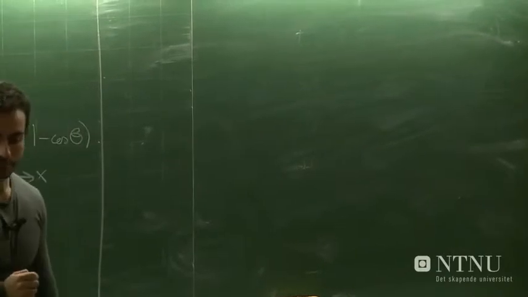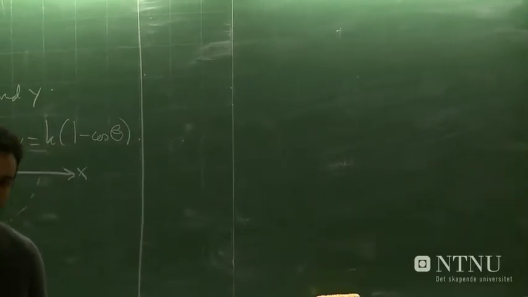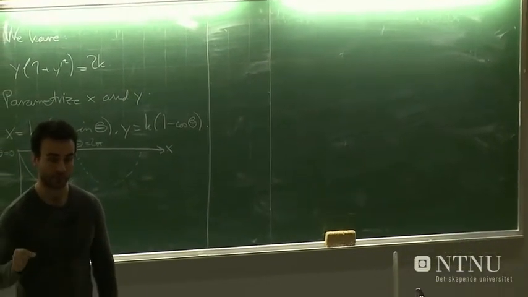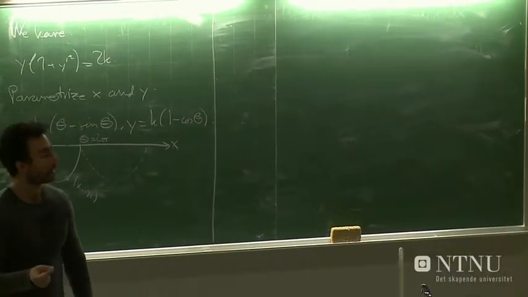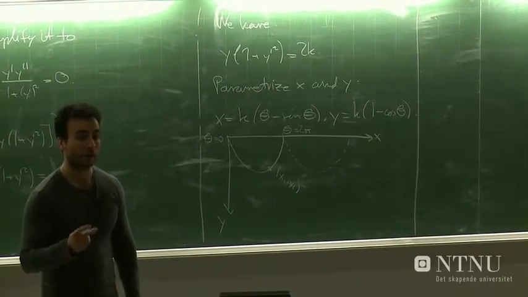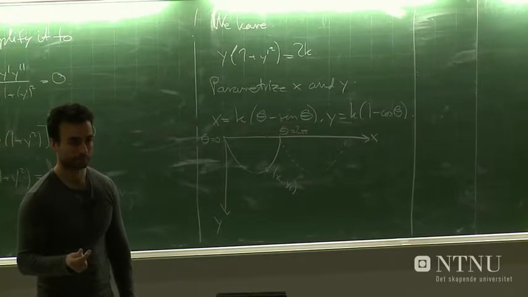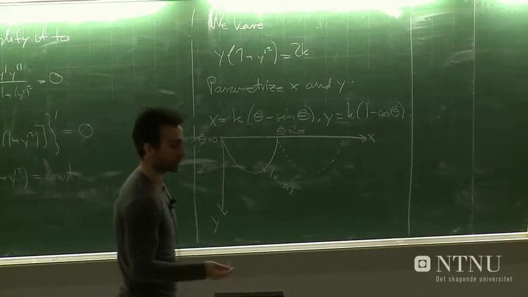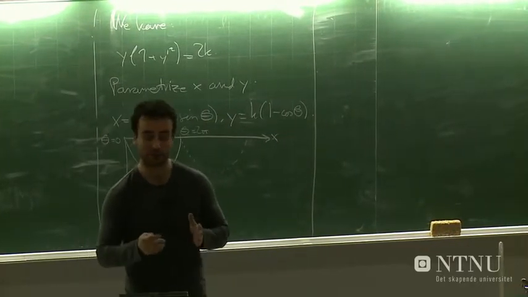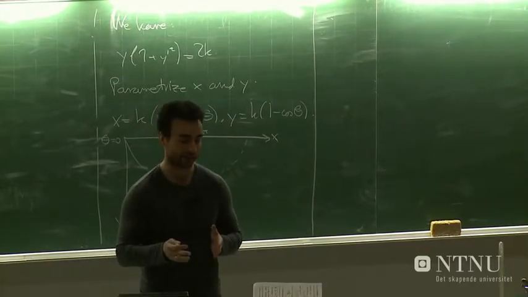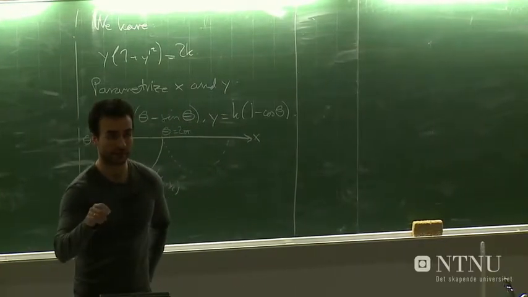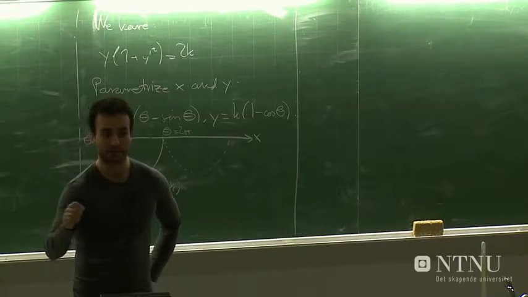Okay, we're going to move on to having a look at Hamilton's principle for a different type of system than we've been doing so far. So far, we've had a look at Hamilton's principle for holonomic systems. Now, for holonomic systems, we have a special form for the constraints. We know that the constraints can be written in the form of a function of the coordinates and possibly time is equal to 0.